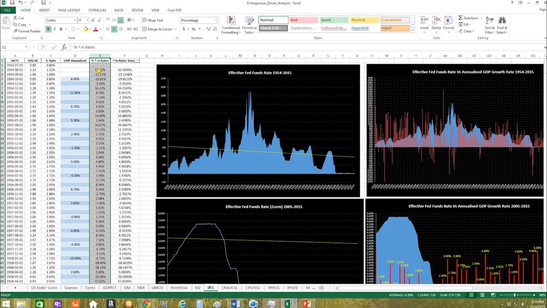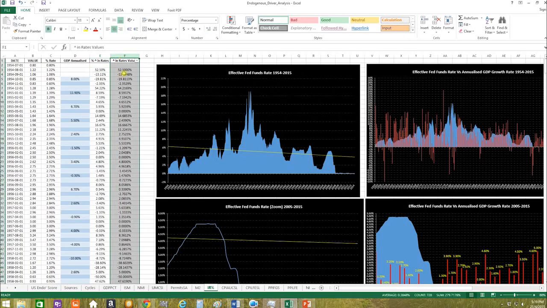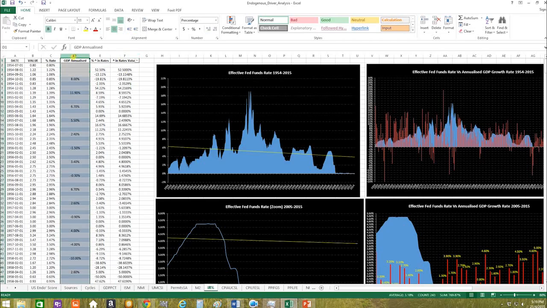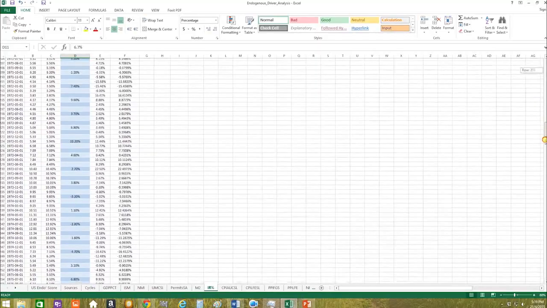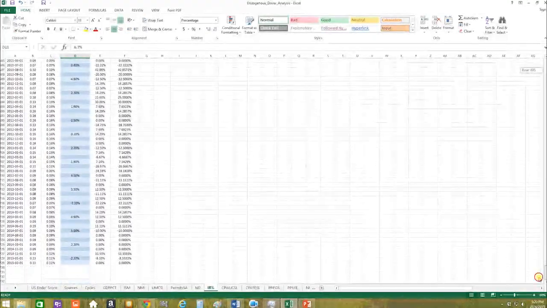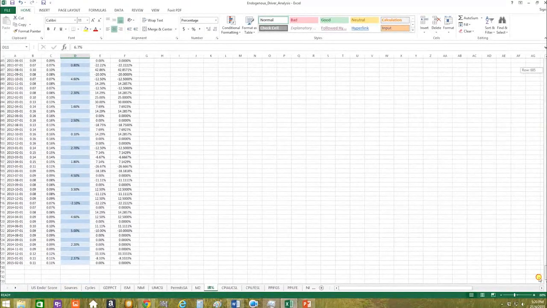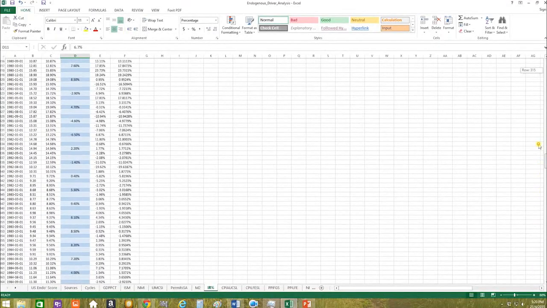We then have the percentage change in interest rates, worked out as a percentage from period to period. We have this number expressed in a value term here. We also have GDP annualized, so quarterly GDP at an annualized rate going all the way back to 1954. And if we scroll down to the bottom, this takes us all the way up to present day, to February 2015.